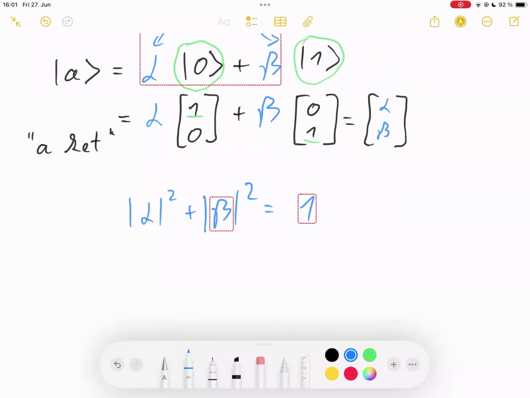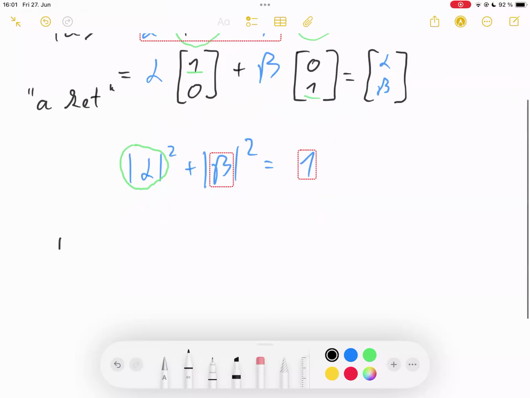So what does this notation mean here? If alpha is a complex number, you can see a complex number also as a vector, and then this would be the length of the vector, or the absolute value of the complex number.